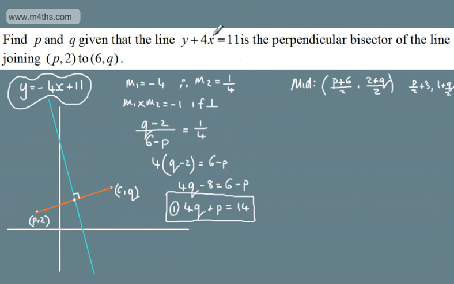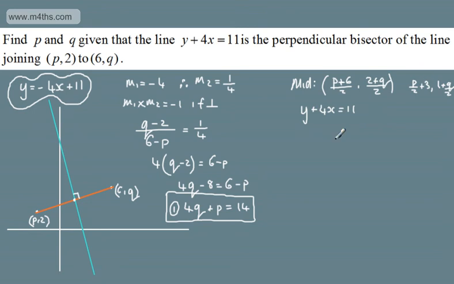All we're going to do is simply substitute it into this line. That point lies on both the line segment and the original line. So taking y plus 4x is equal to 11, we can take either. All I'm going to do is sub it in here. So if you want to put this one in, you can do, or if you want to put that one in, you can do.